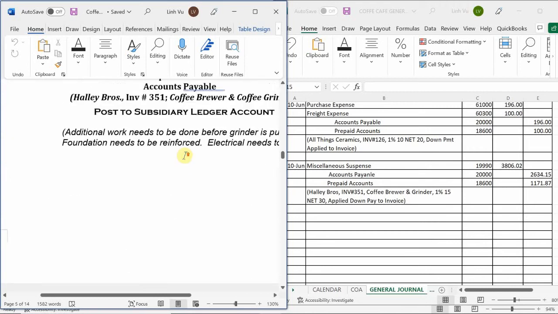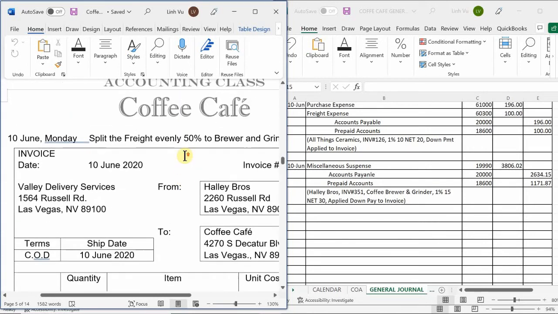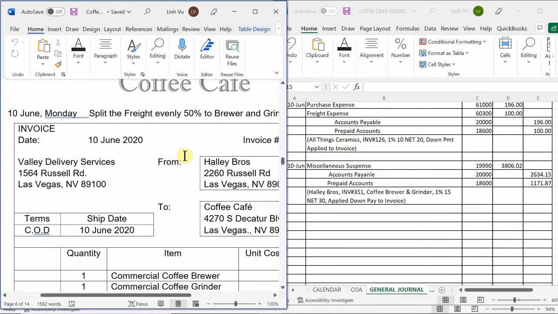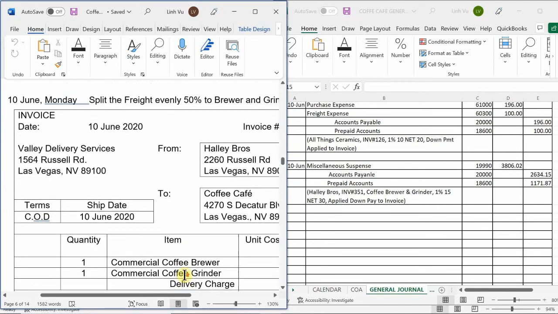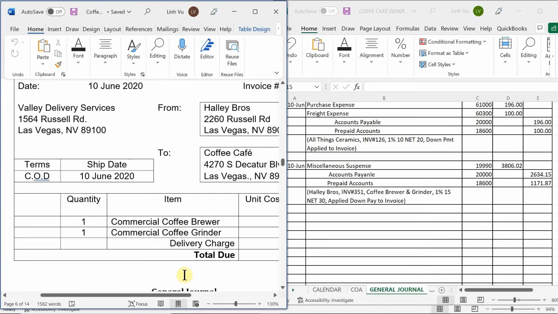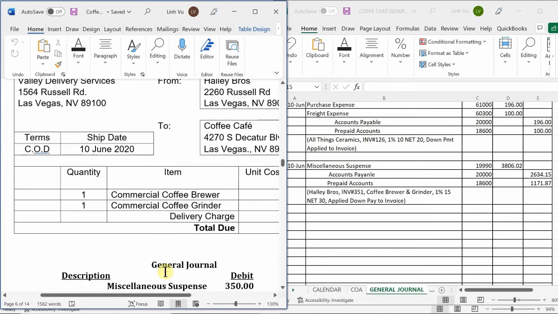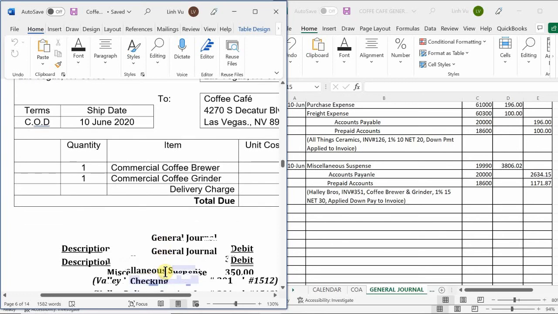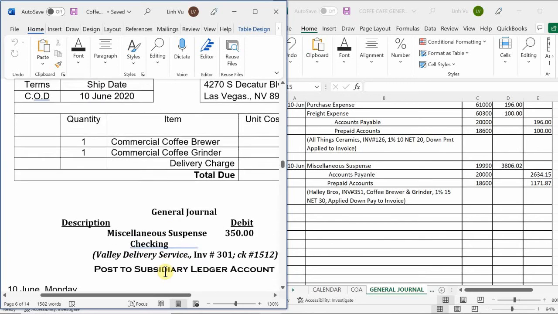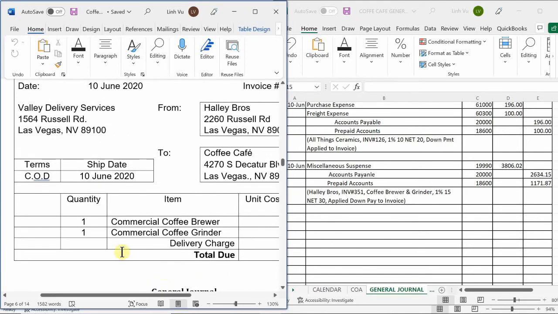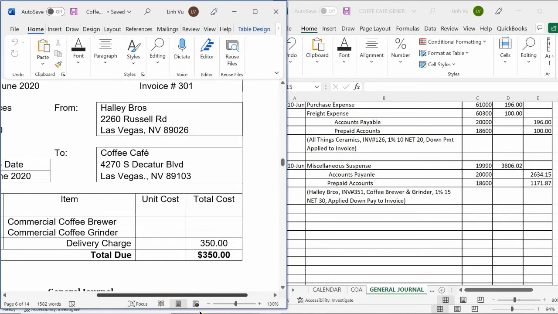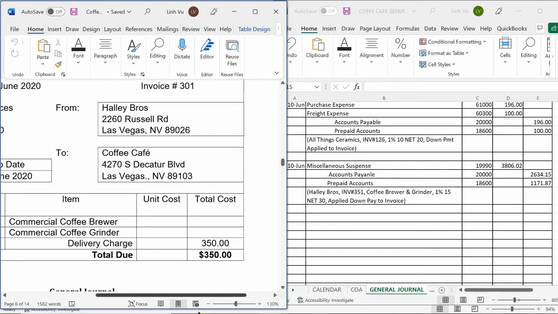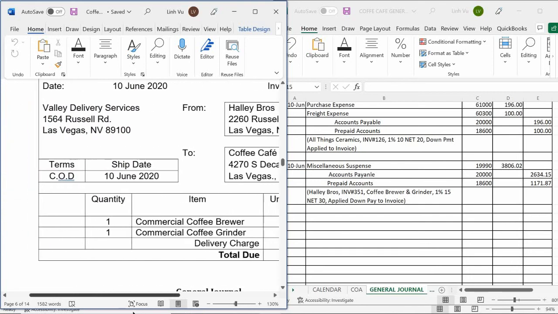After you received your items, it says here that it came with an accompanying bill for the delivery. Here it tells me that Valley Delivery Services was the one who delivered the coffee brewer and the coffee grinder. And they charged me $350 to deliver them.